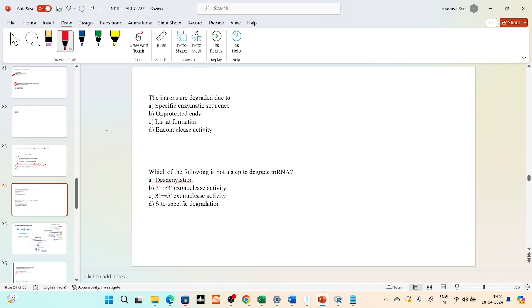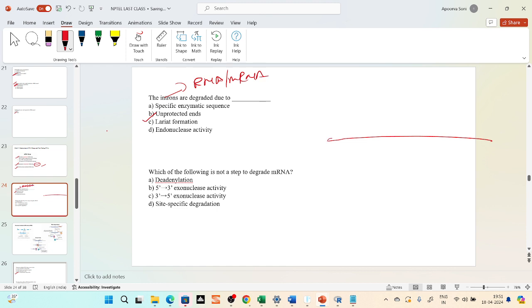The question is: introns are degraded due to specific enzymatic sequence, unprotected ends, lariat formation, or endonuclease activity. Why are introns degraded? Introns are degraded due to unprotected ends. Always remember, not only introns, you can just say any RNA or mRNA.